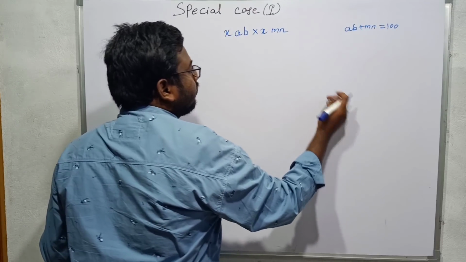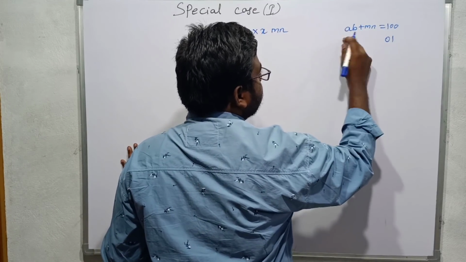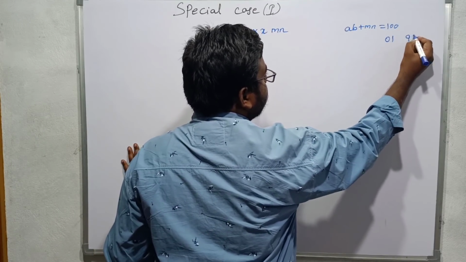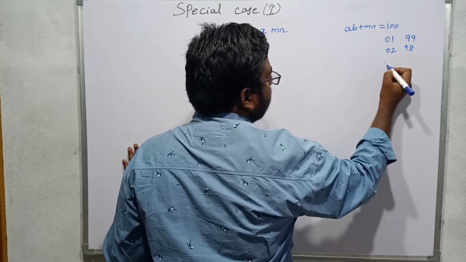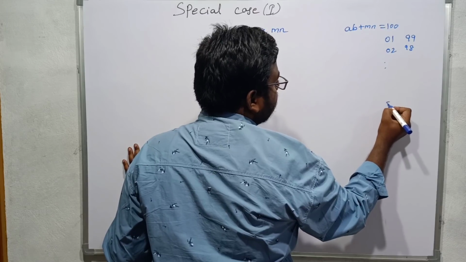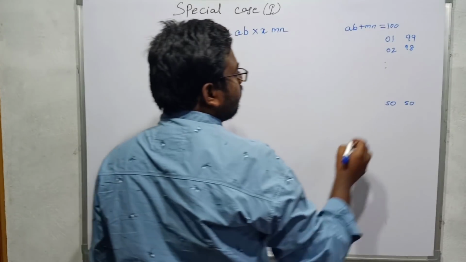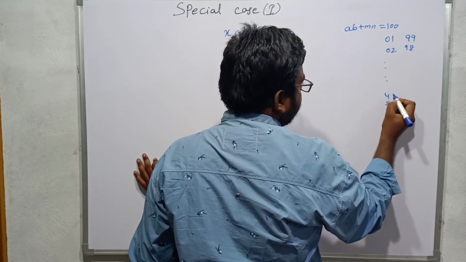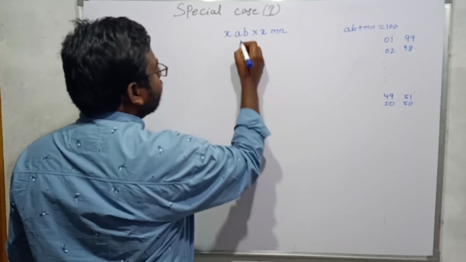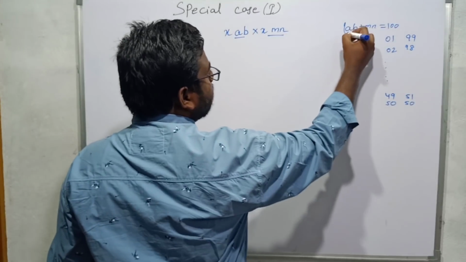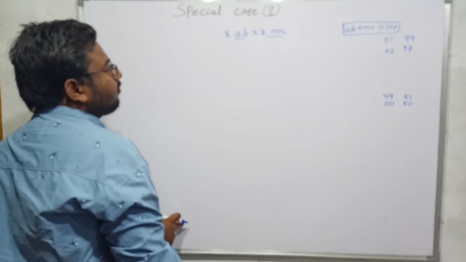For example, ab plus mn equal to 100 means a is 0, b is 1, and mn will be 99, like that 298, and so on up to 5050. Here 4951. That is the one. Here the concept also won't be changed, and strictly ab plus mn both should be equal to 100.